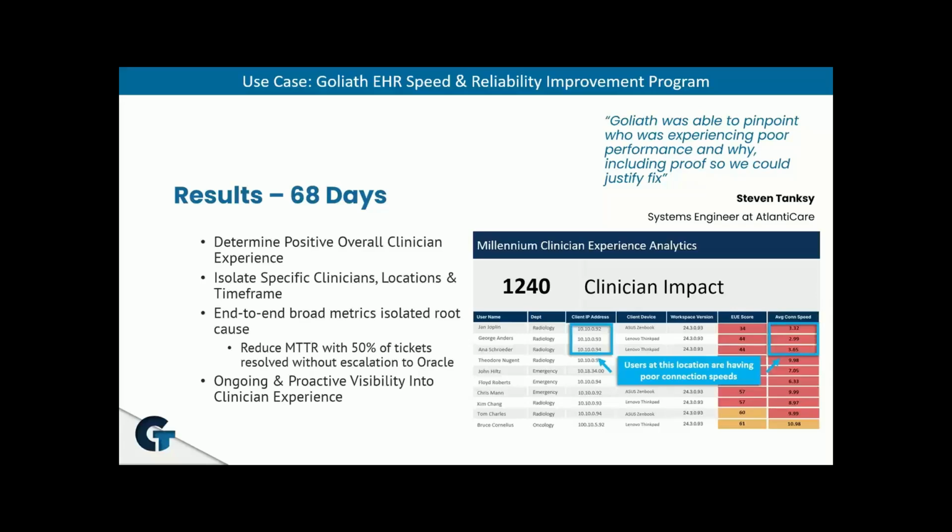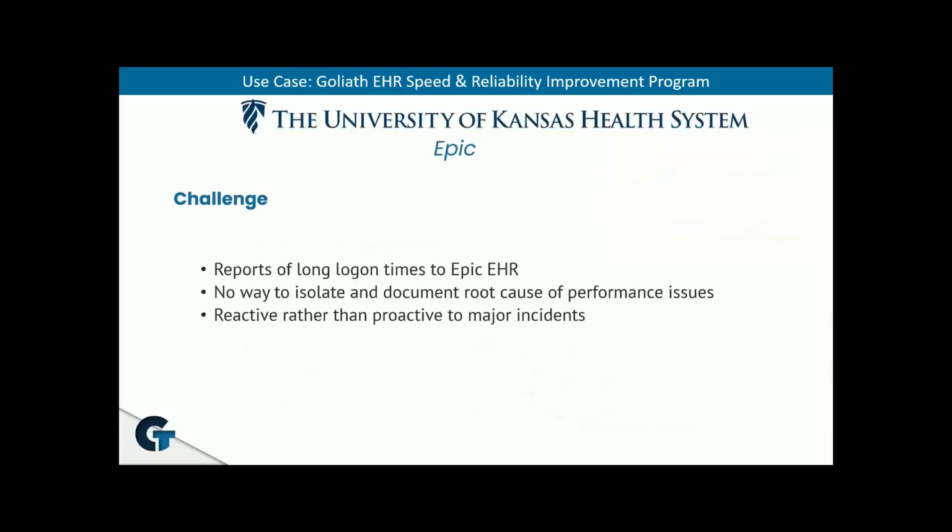So on the next example, we move to the University of Kansas Health System. Now, this is a health system that's running Epic. The challenge they had was very specific, right? It was very long logon times to the Epic EHR, and they were flooded with issues. They knew they had a problem.